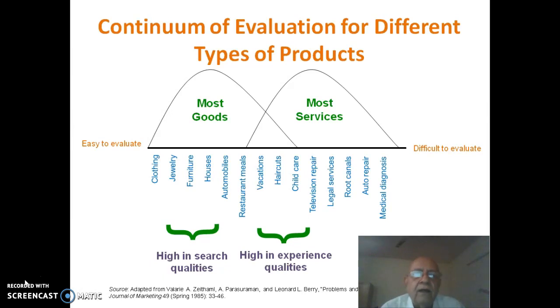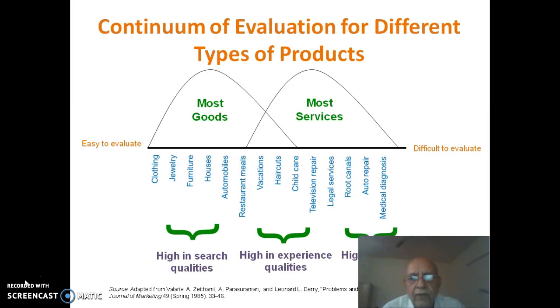It would require us to go and actually use the service, maybe once at least, in order for us to come and fix a quality index on the product itself. This is why we call them high-end experience qualities. Unless we experience it, we cannot evaluate the product quality.